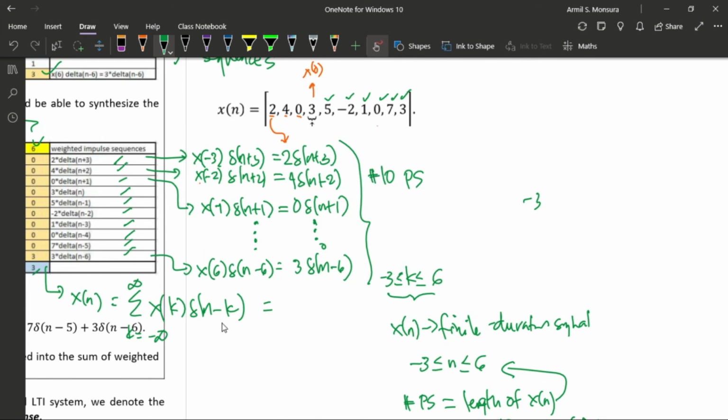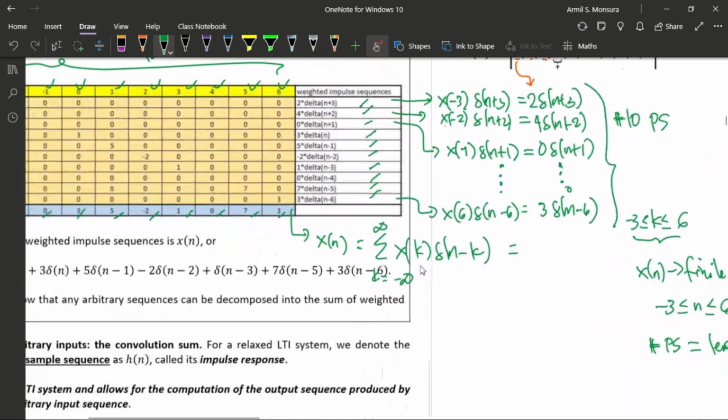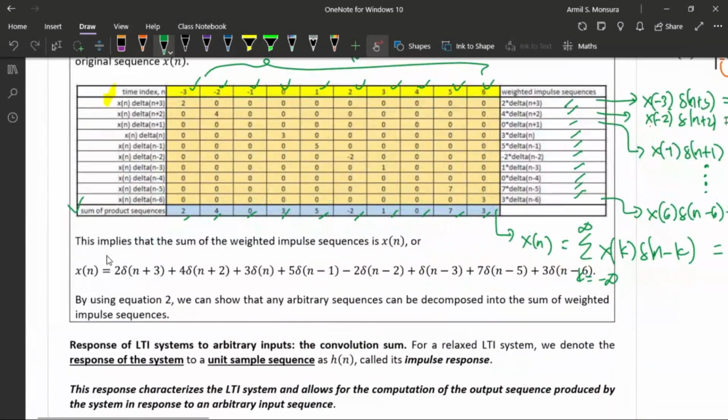Which means itong sum na to would also be a finite sum. At ito na nga yung sum na yun. Kapag in-express nyo ngayon yan as a sum, the equation 2, ito yung lalabas. So again, our point here is we can use equation 2 to show that any arbitrary sequences can be decomposed into sum of weighted impulse sequences.